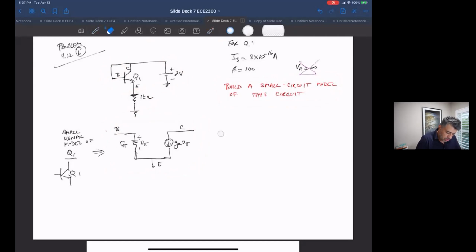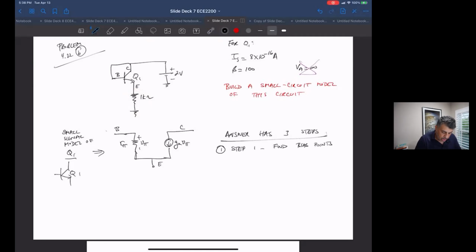The answer has, let's say, three steps. Step 1 is, well, it already says step 1: find bias points. What does that mean?